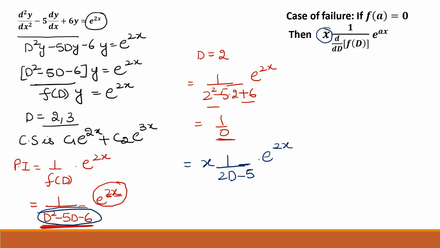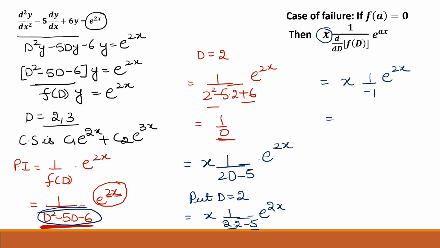Now again we will put D is equals to 2. So what we are getting? x, 1 over 2 into 2 minus 5, e power 2x. So this will be equals to 4 minus 5, minus 1. So this will be x, 1 over minus 1, e power 2x.